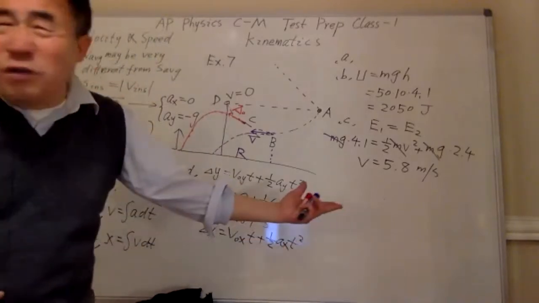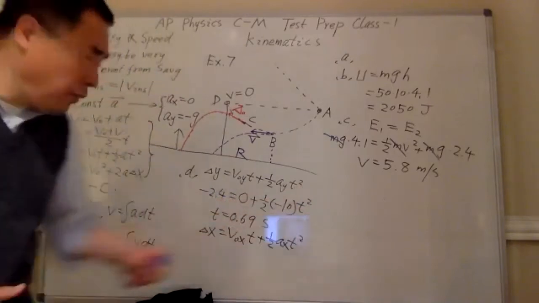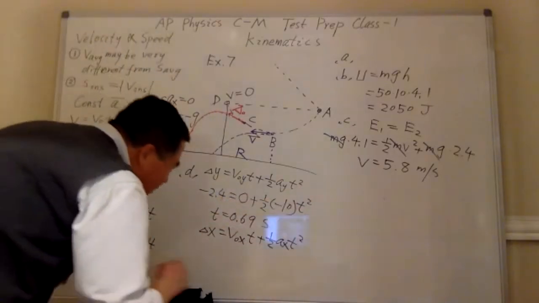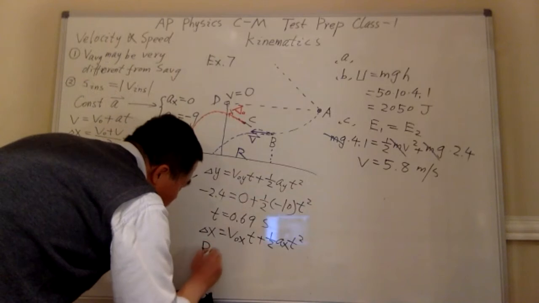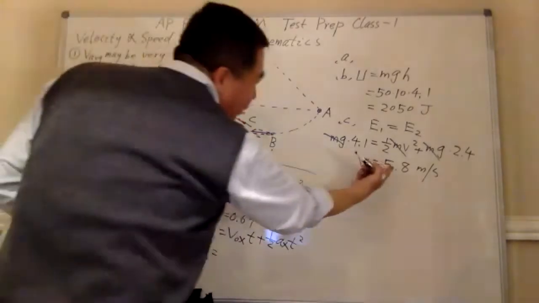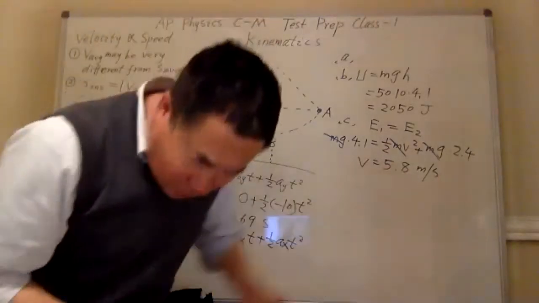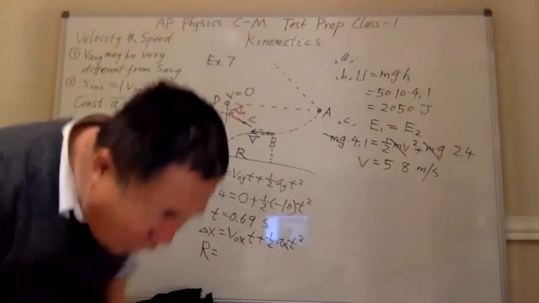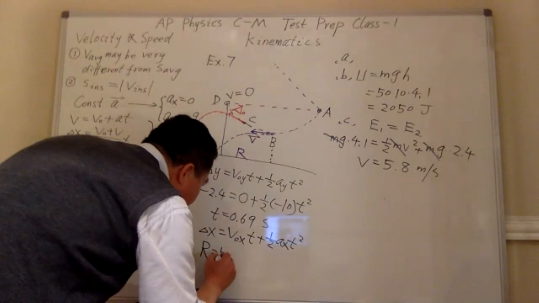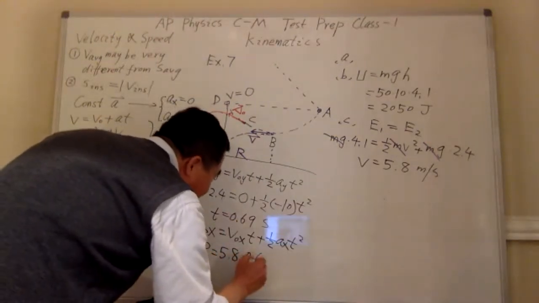I know for uniform motion you can simplify, but always use the original formula. Delta x is just the range you traveled, and v naught x is just the speed at release. We just figured out at B when they move out is 5.8. Then time is 0.69.